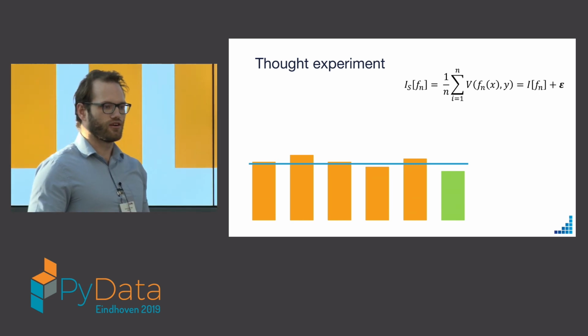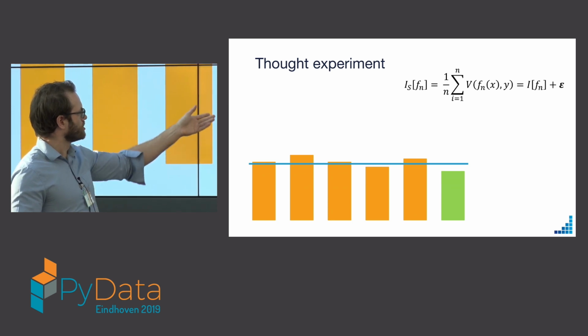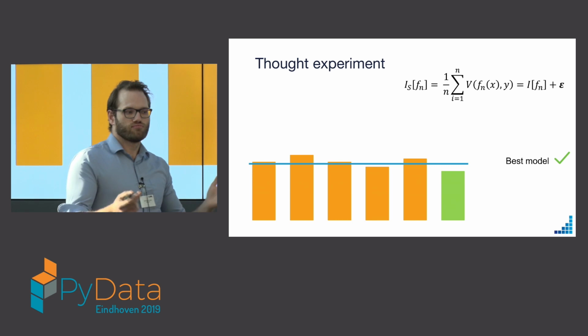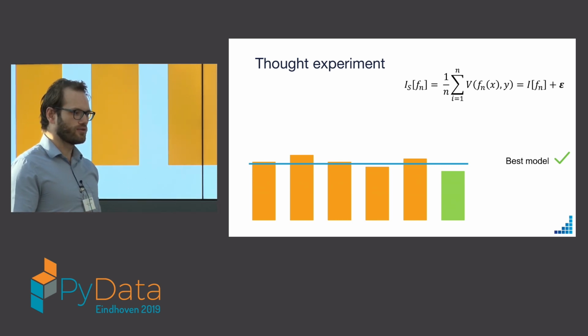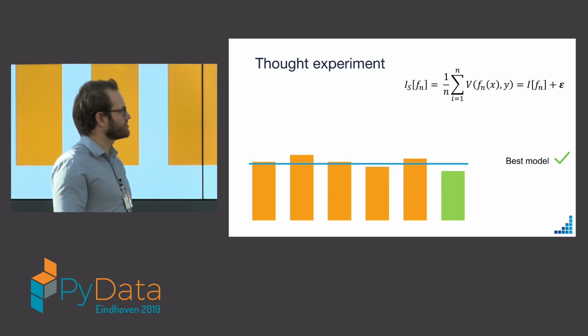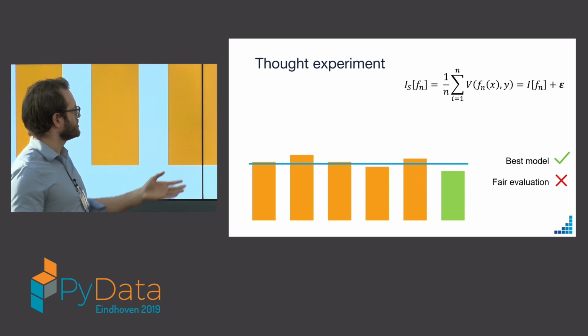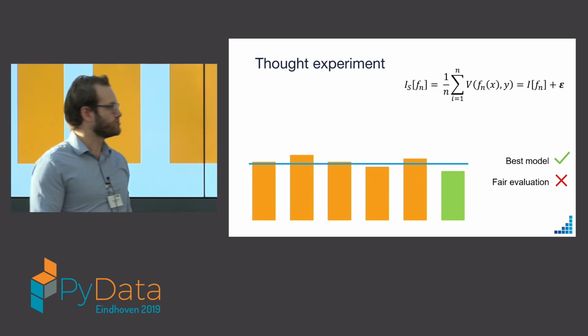But the sampling error, or the way our model is trained, whatever, the expected one was the same for all these models, but we chose the last one. So this will lead on average to the best model. Of course, on average, most of the time we're going to choose the best model, but it's not a fair evaluation anymore. We cannot use this mean squared error anymore to tell our boss, oh, we're going to do this well.